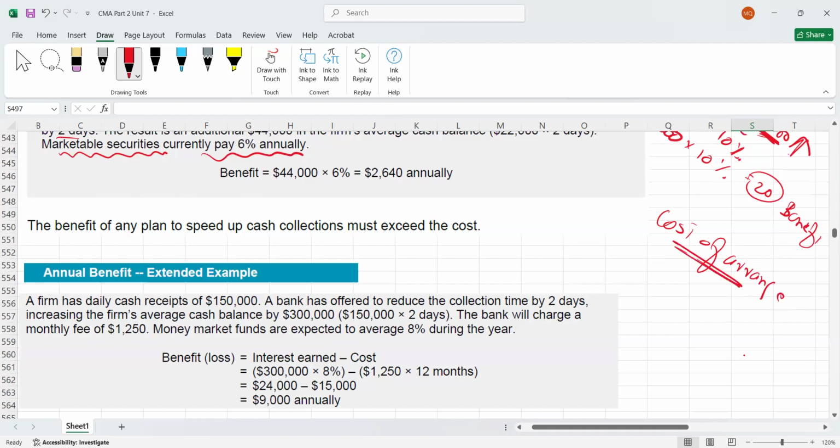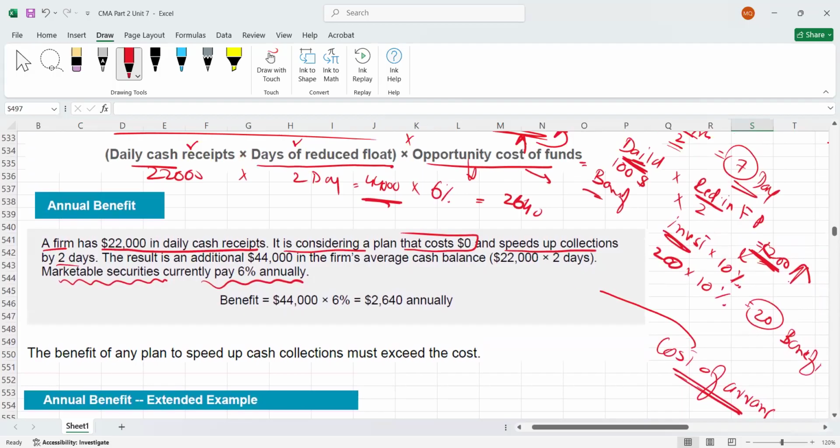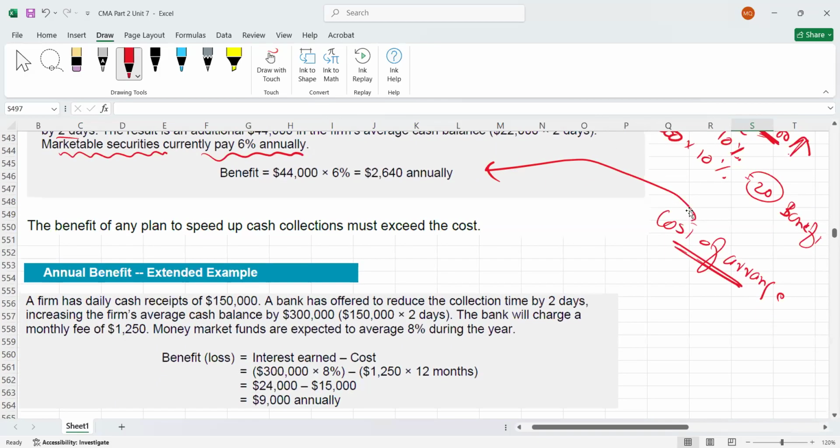You will compare the cost of the arrangement with the benefit which you have just calculated, and then see whether benefit is more or cost is more. If benefit is more, go for the reduction in the float period. If cost is more, then don't go. This is your decision. So they're saying that the benefit of any plan to speed up cash collection must exceed the cost. So benefit should be greater than the cost.